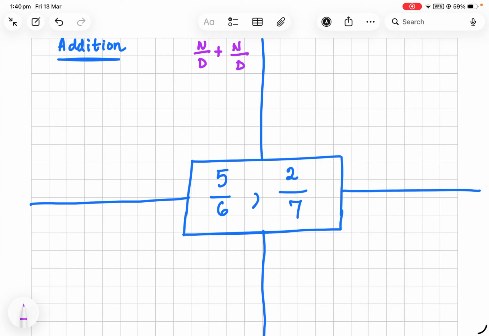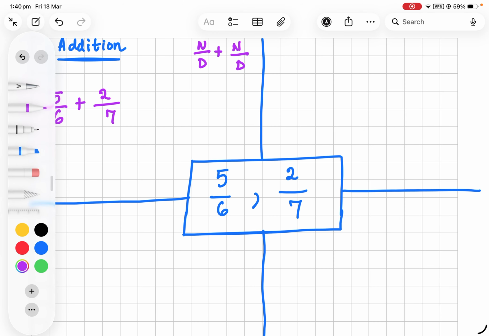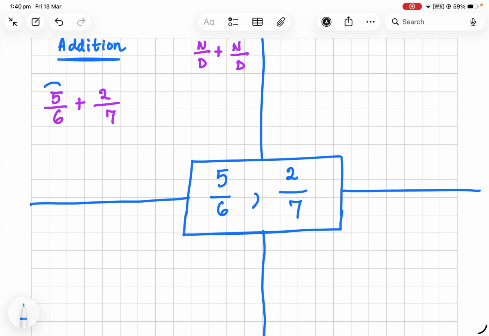So I'm going to add 5 over 6 plus 2 over 7. Straight away when you have addition like that, what you can simply do is something called the butterfly smiley technique. That's what I teach my students.